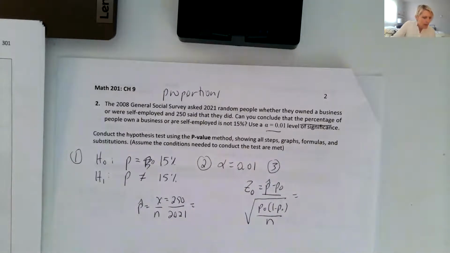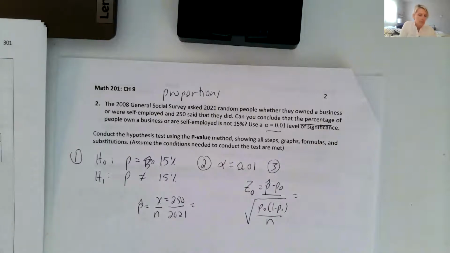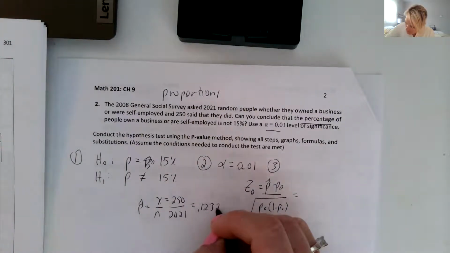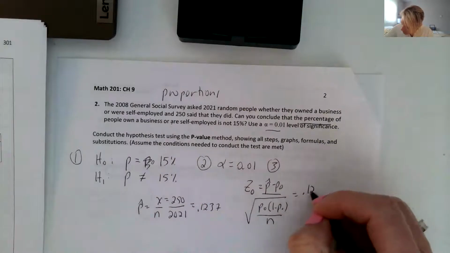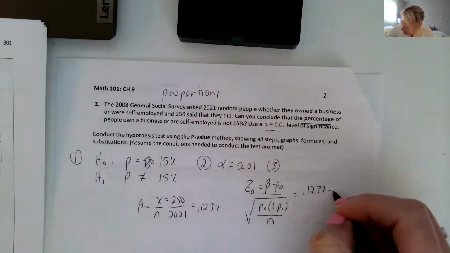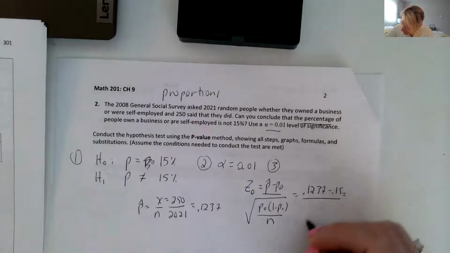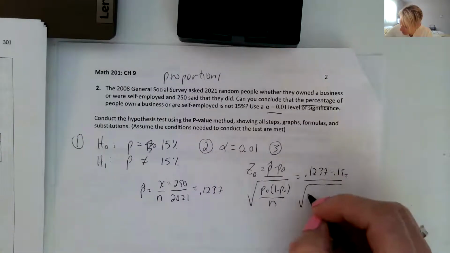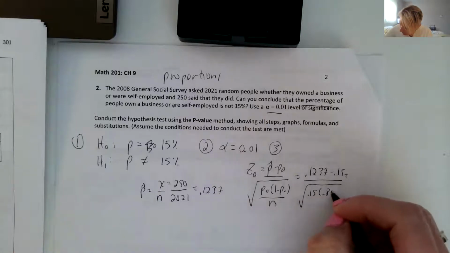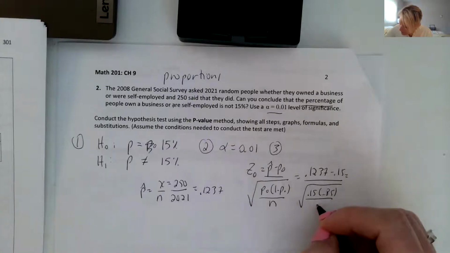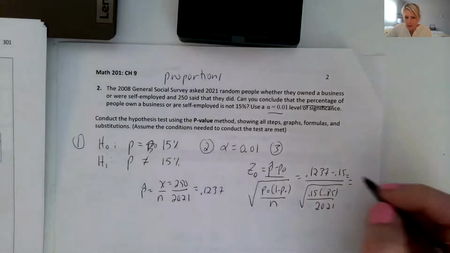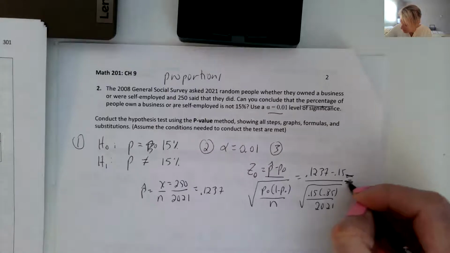And that is 0.1237. So that's going to go 0.1237 minus 0.15 over, and then remember, this is our p0, so we're going to use the 0.15 here, 0.85 over n, we said was 2021. And we're going to let Desmos calculate this.